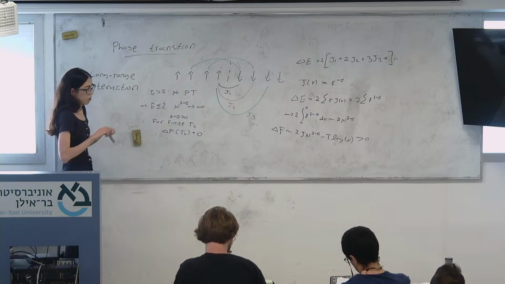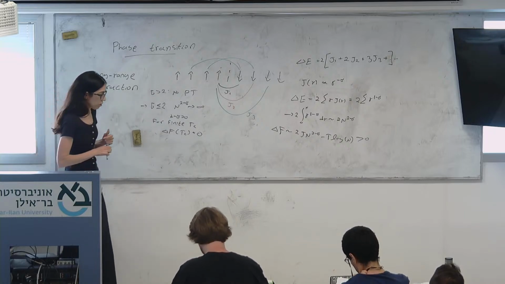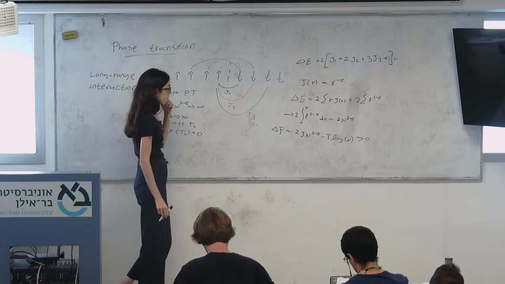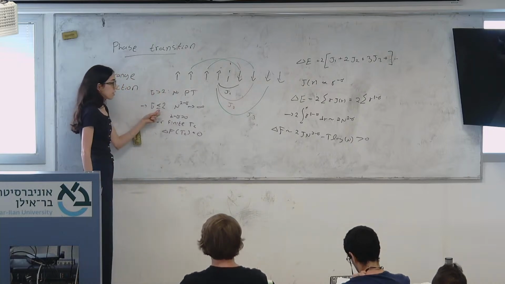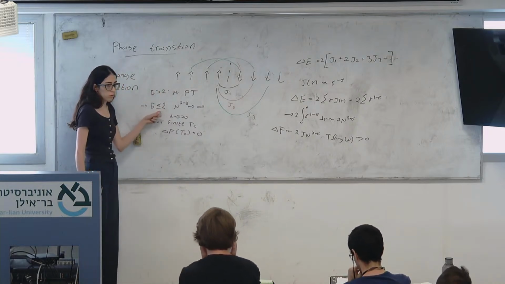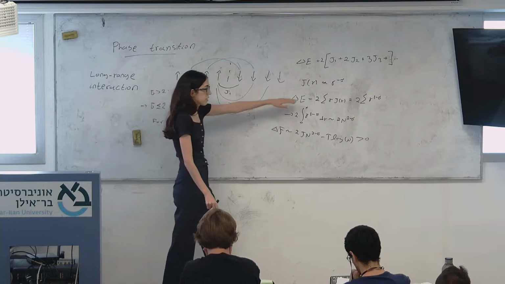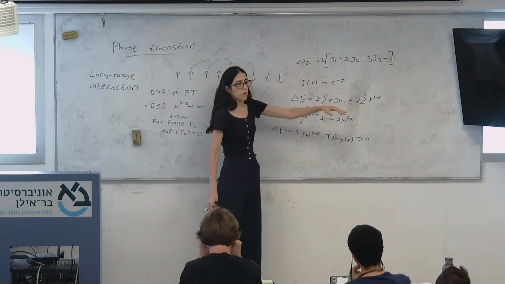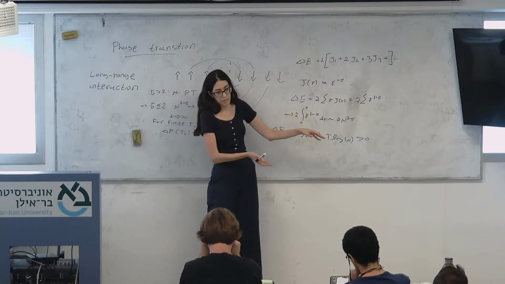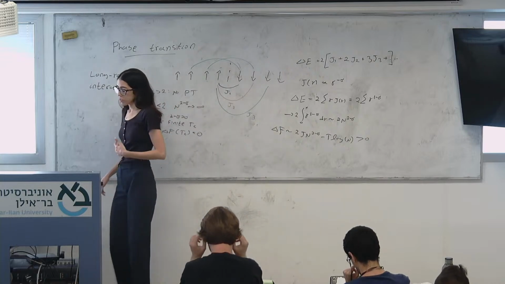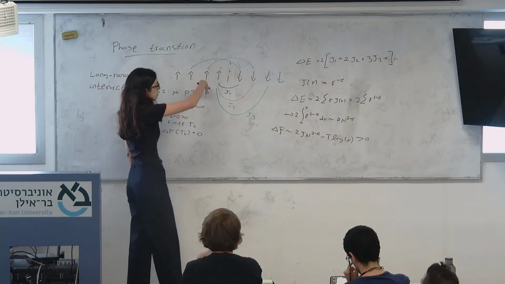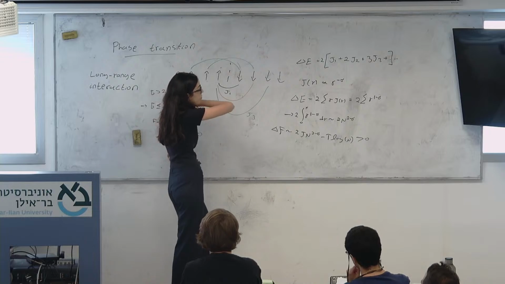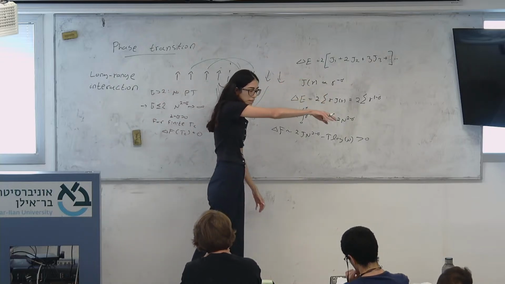But this is just how it works. So this is one thing. The second thing is that you see that sigma smaller than 2 means that you have a very slow power law. You're going to have a very small decay of the interaction, which means the spins here are going to interact with spins that are very, very far away.